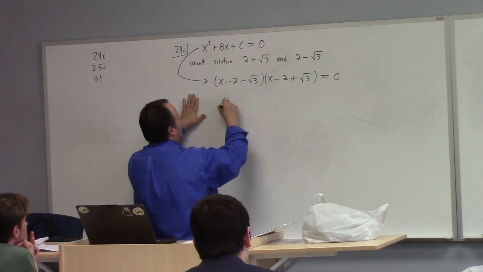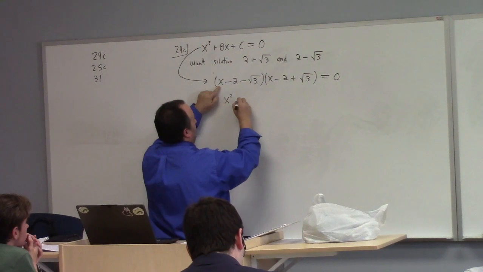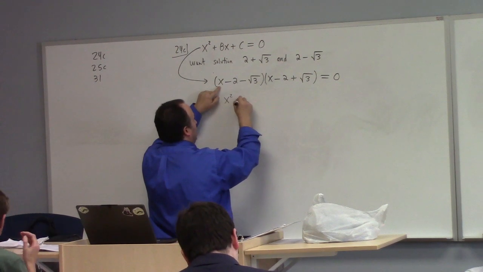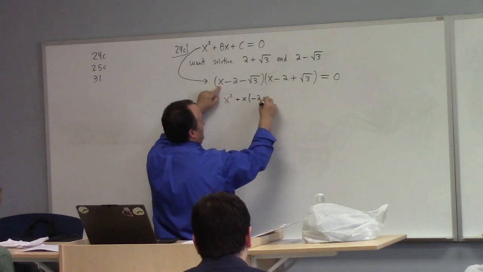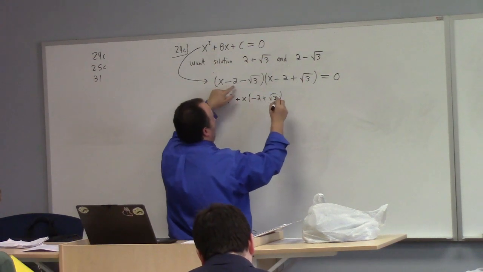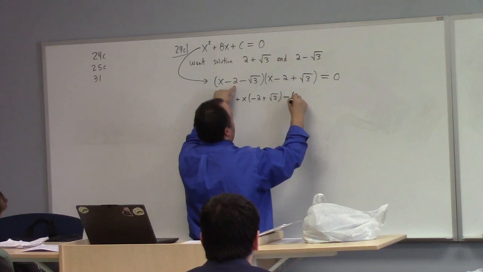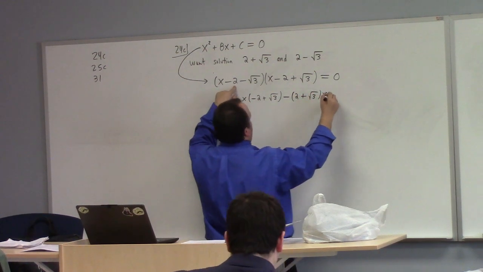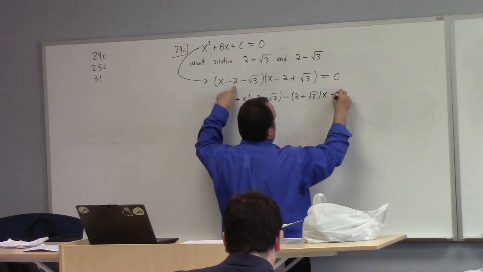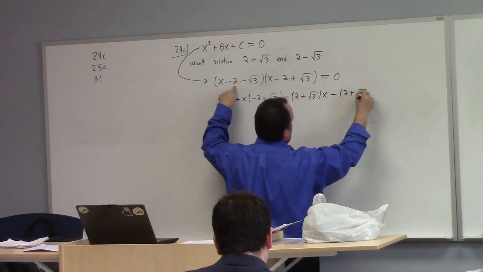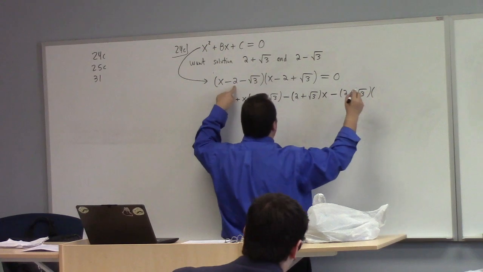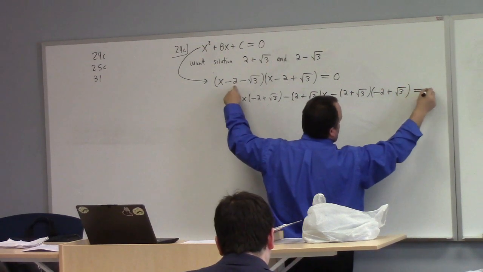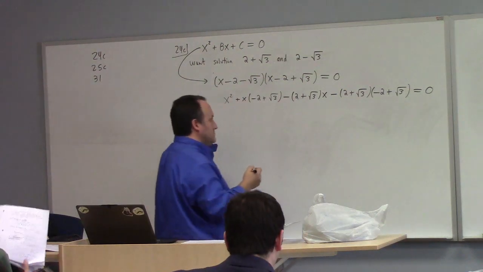So I've got x squared, and then plus x times minus 2 plus root 3. All right, and then minus 2 plus root 3 times x, and then minus 2 plus root 3 times minus 2 plus the square root of 3.